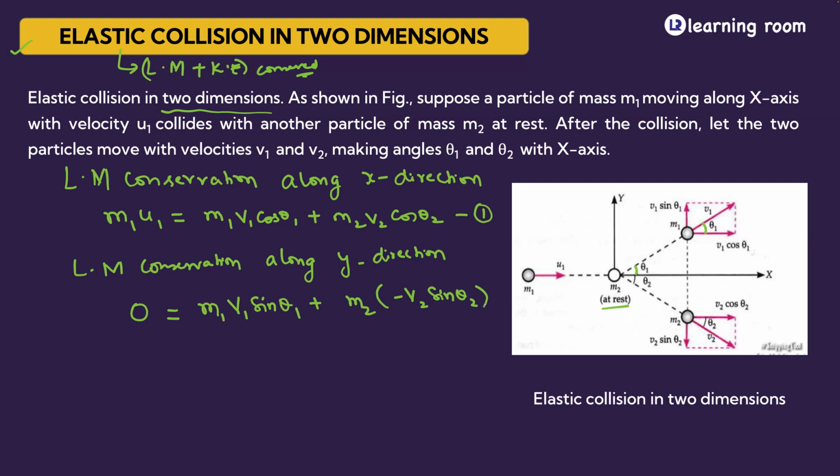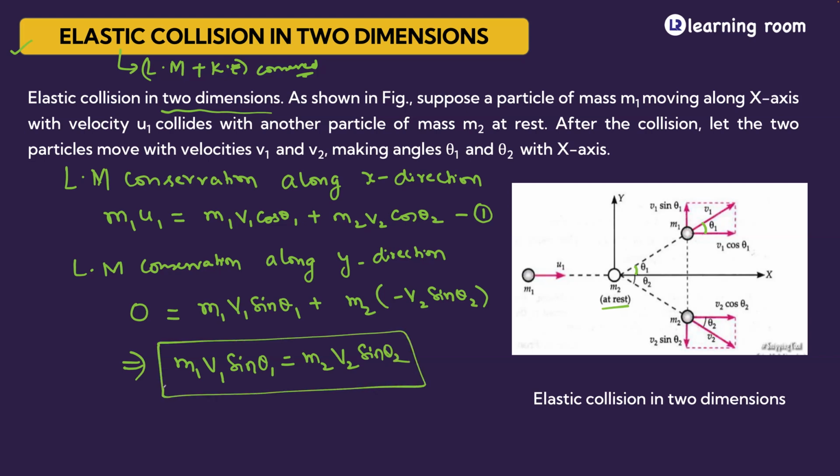If you take upward as positive, v2 sin theta 2 is downwards, so it is negative. Right? So when you rearrange this equation, you will get m1 v1 sin theta 1 equal to m2 v2 sin theta 2. This is the expression you will get when you apply the conservation of linear momentum along y direction.